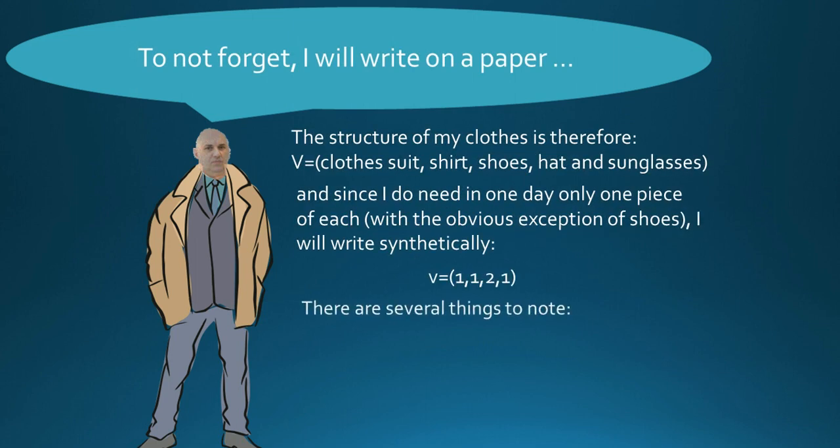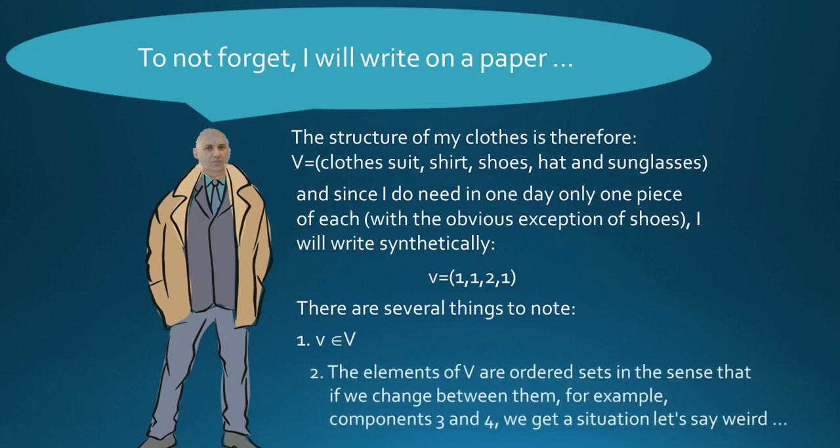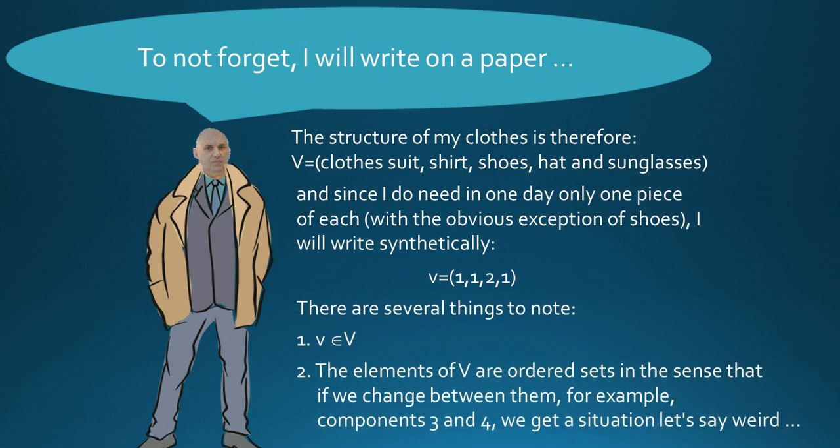The structure of my clothes is therefore V equals (suit, shirt, shoes, hat, sunglasses). And since I do not need more than one piece of each in one day, with the obvious exception of shoes, I will write synthetically V = (1, 1, 2, 1).